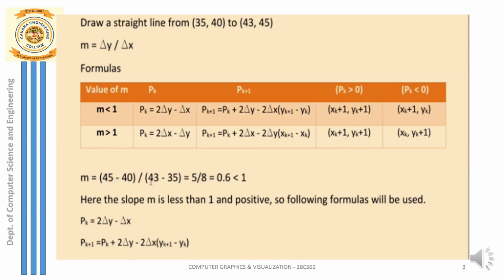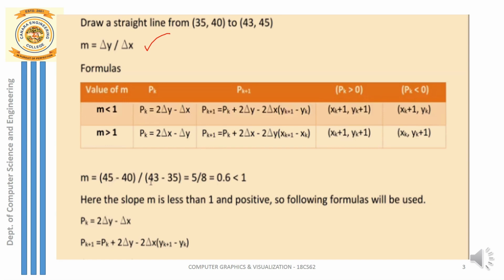The first step would be calculation of the slope. We know the formula to calculate the slope, that is dy by dx. All that you have to do is calculate dy and dx. The formula for dy is y2 minus y1.